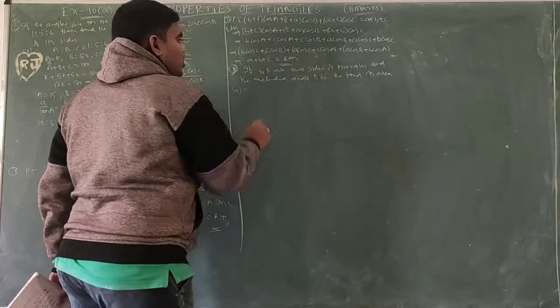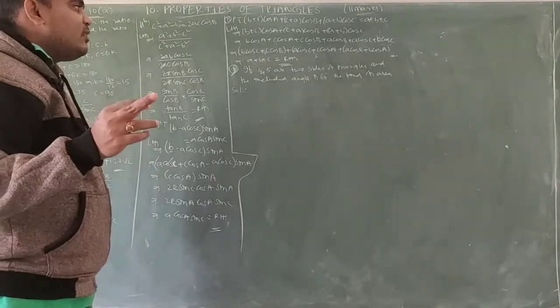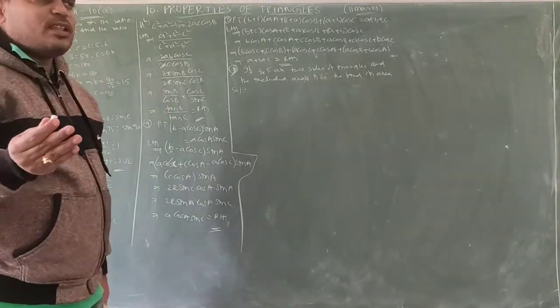Solution. So one triangle is given, with two sides: one is 4, another one is 5.